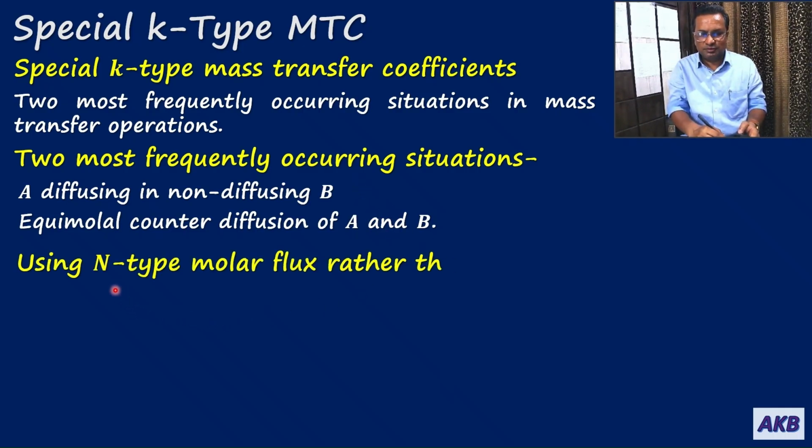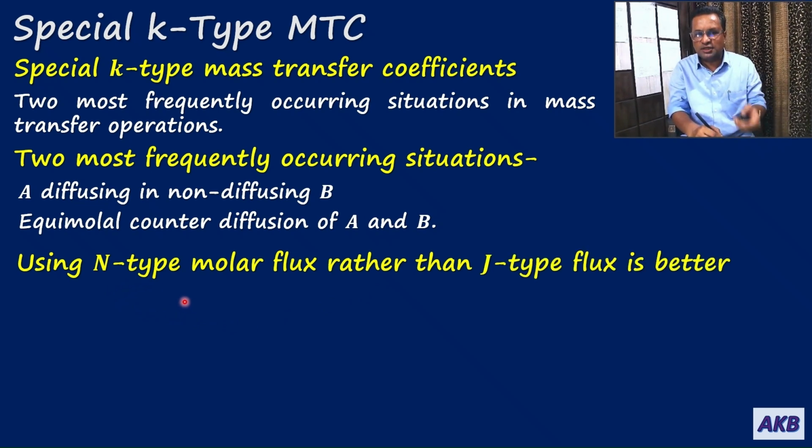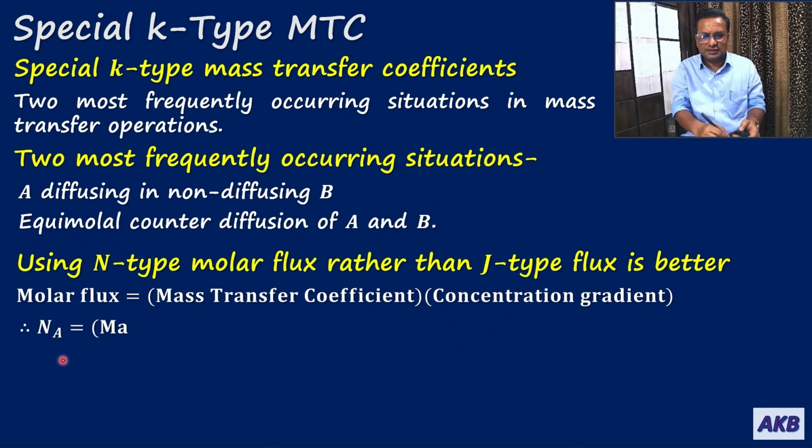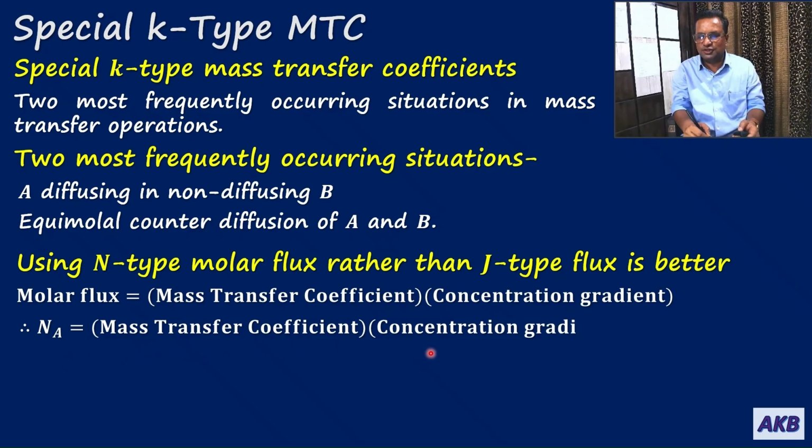Now, for defining special K-type mass transfer coefficients, we use N-type molar flux rather than J-type molar flux because that is more convenient. So the defining equation would be molar flux is equal to mass transfer coefficient into concentration gradient. That is, N-type molar flux for A is equal to mass transfer coefficient into concentration gradient.